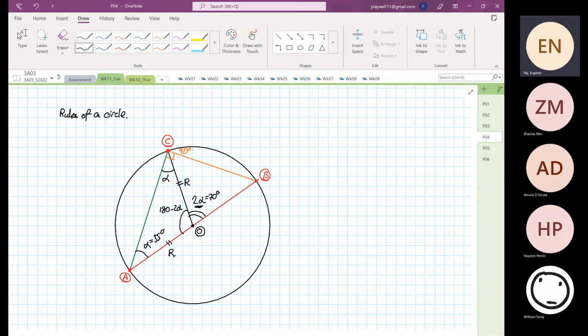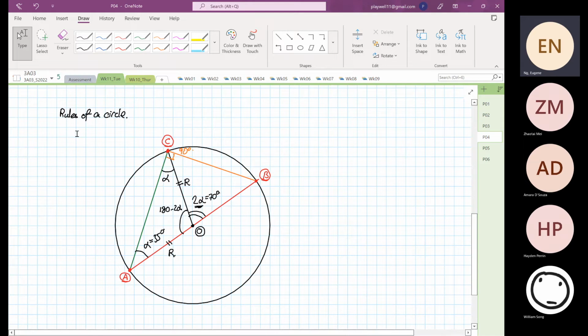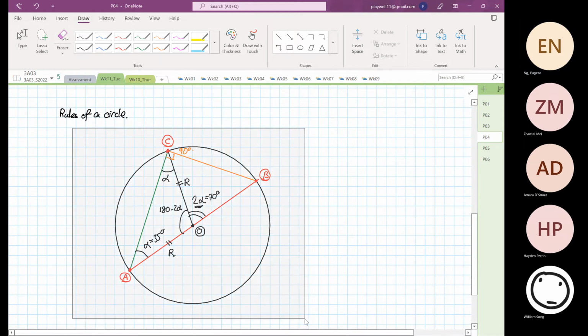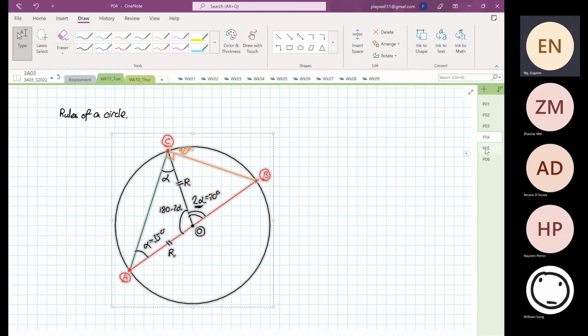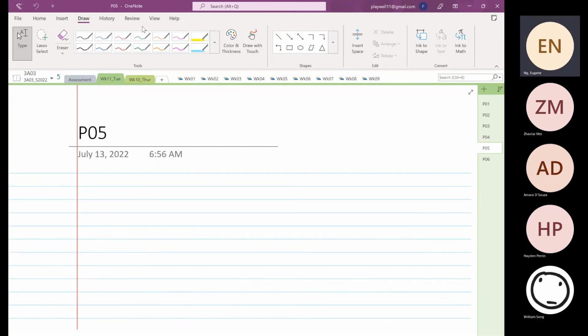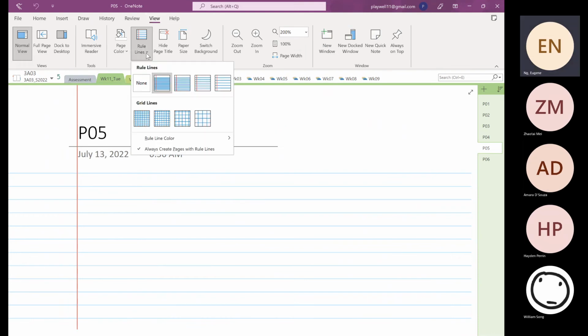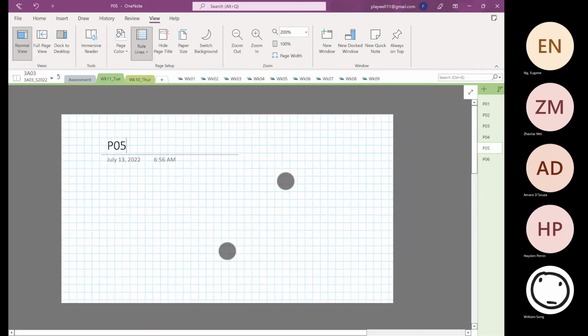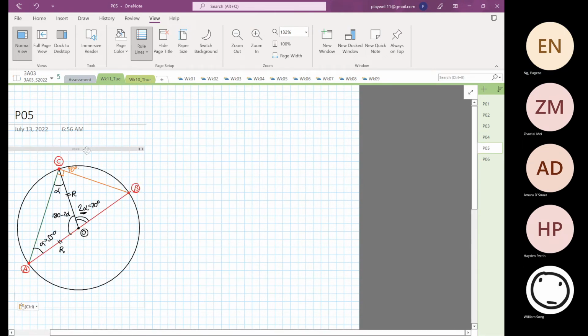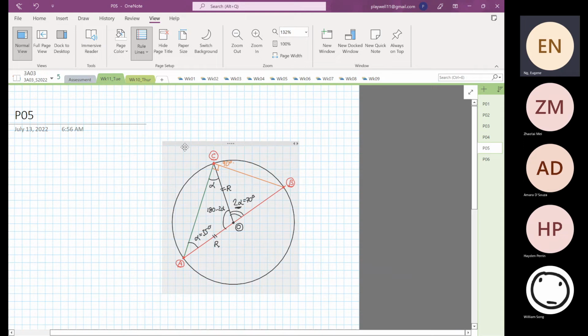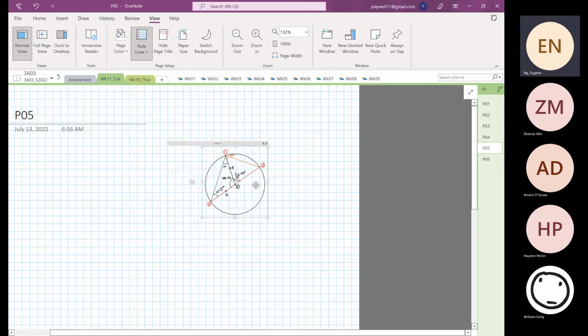So I'm going to copy this circle over here, and we're going to construct the next two points. I'm just going to paste. We are still dealing with the same problem.